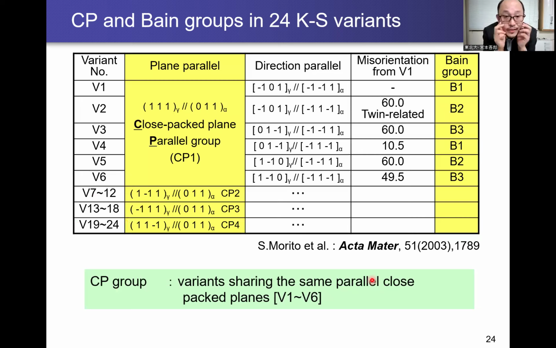And this table shows the 24 K-S variants. And these variants are classified based on the plane parallel relationship. So we call it the close-packed plane parallel group, CP group. In one CP group, the parallel relationship between close-packed planes is shared. And there are four {111} planes in austenite. So then there are four CP groups, from CP1 to CP4.